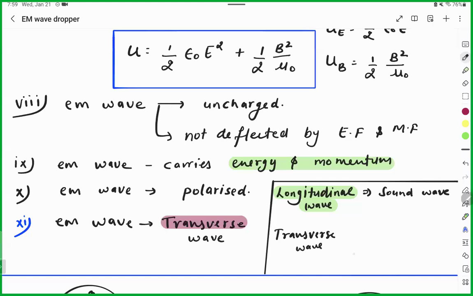Example: up, down, up, down. This is the transverse wave. This happens in the case of light or EM wave. Any doubt, guys? This is how we'll revise. We'll keep adding to the notes.